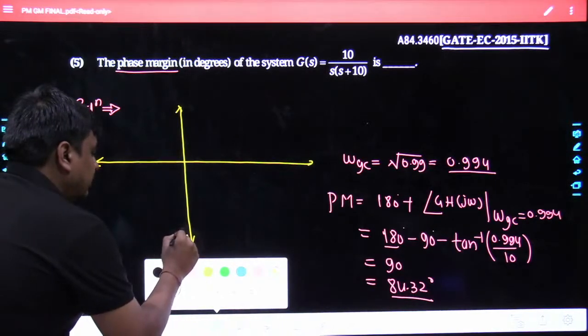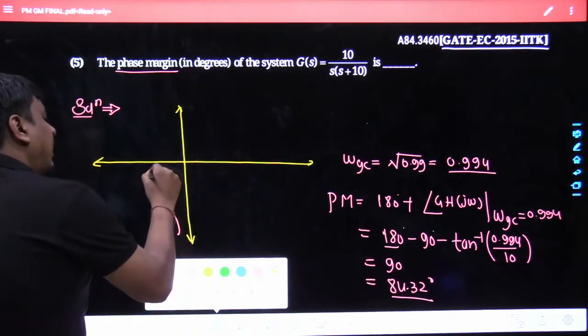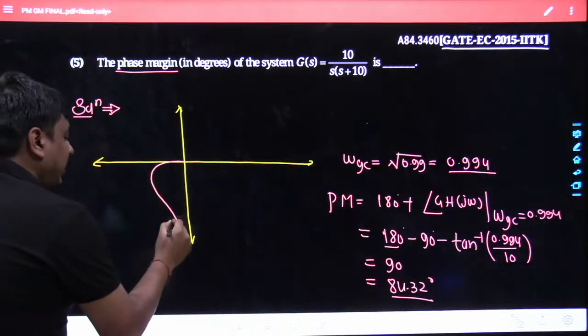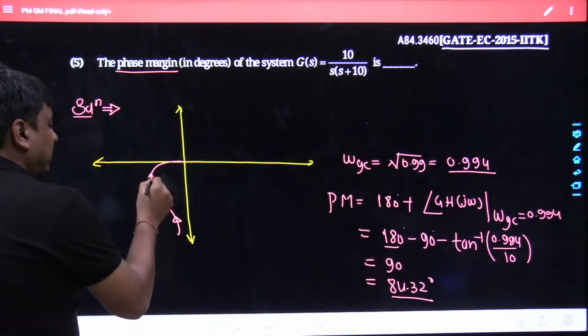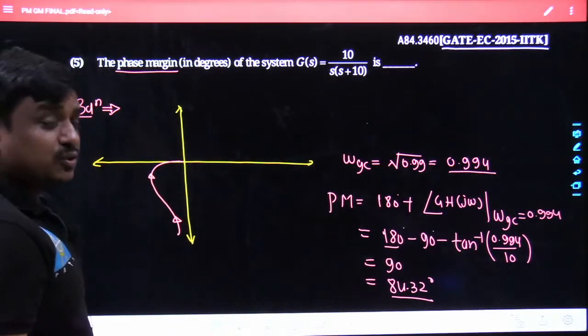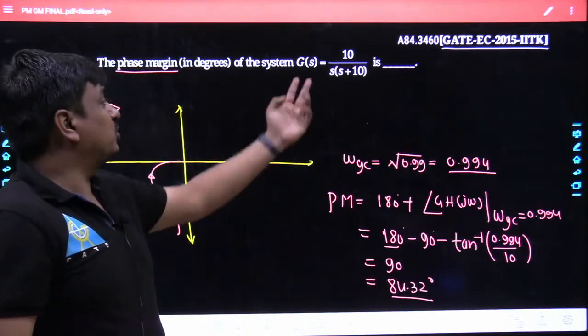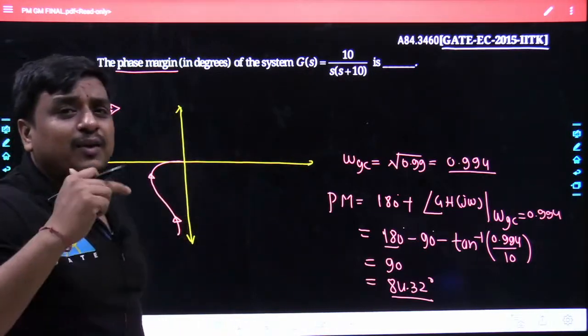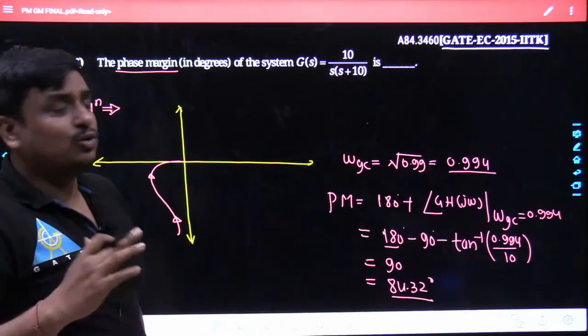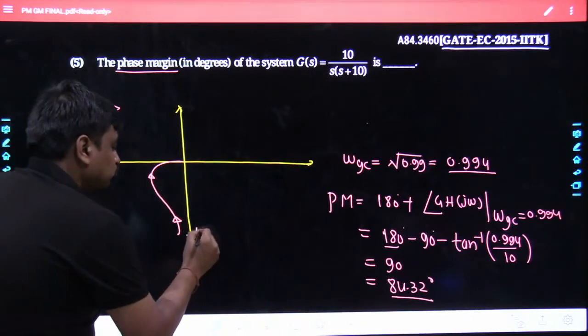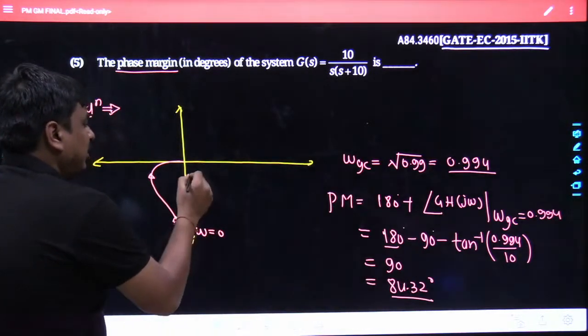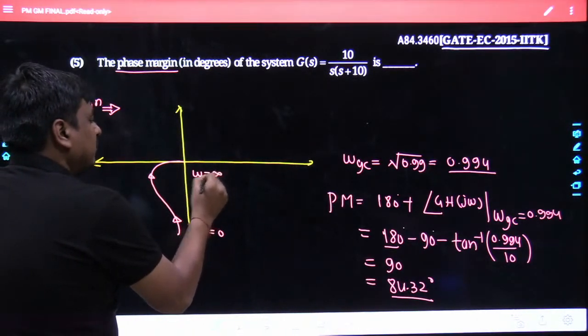At omega equals 0, the magnitude would be infinity because of the pole at the origin, and when omega tends to infinity, definitely the value will become 0. So here becomes your omega equals 0, and here becomes your omega equals infinity.